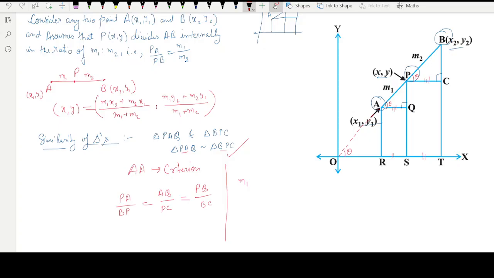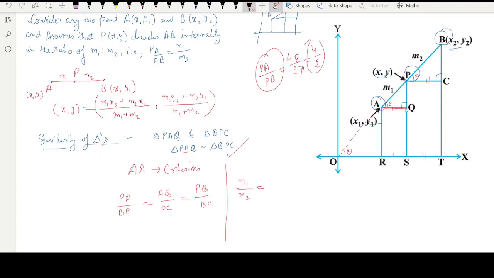Basically, m1 is the distance, or the simplest form of the ratio. If PA comes to 40 and PB is 50, in simplest form the ratio is 4 to 5. So this is m1, and BP is m2.